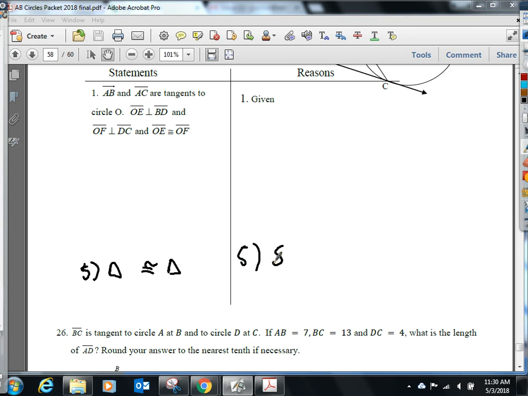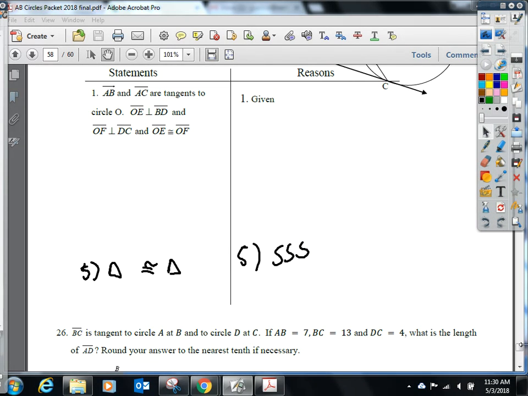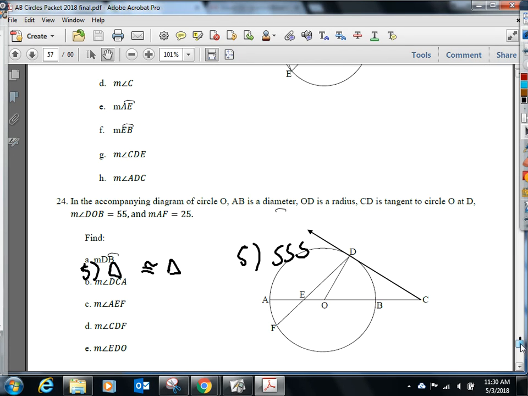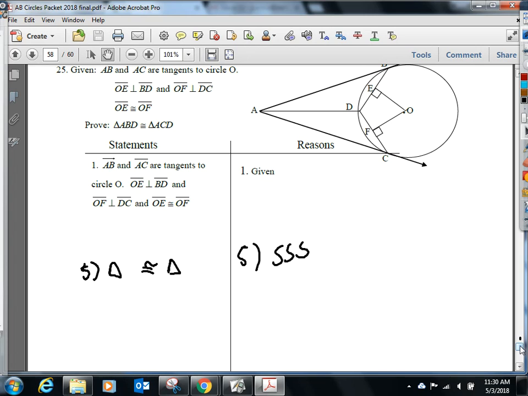Step 5, by side, side, side, right? Okay, let's just say I didn't want the triangles congruent. Instead, I wanted angle BAD congruent to DAC. You just proved the triangles congruent by side, side, side. Why would those two angles now be congruent? Nothing to do with circles. What would be your next step or reason? CPCTC, okay? Just in case I ask that tomorrow, we haven't used CPCTC in a while.